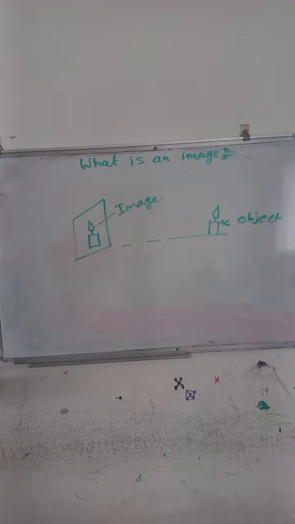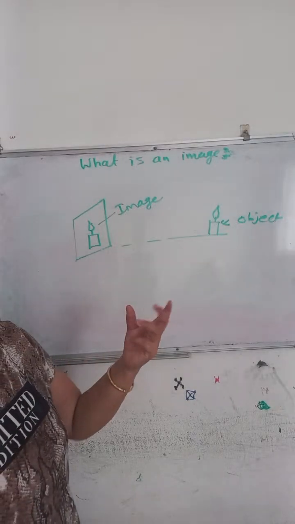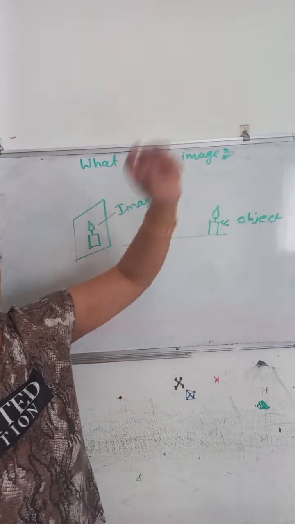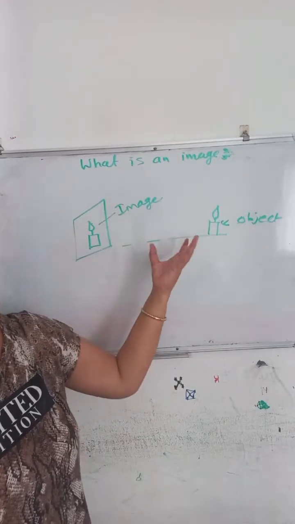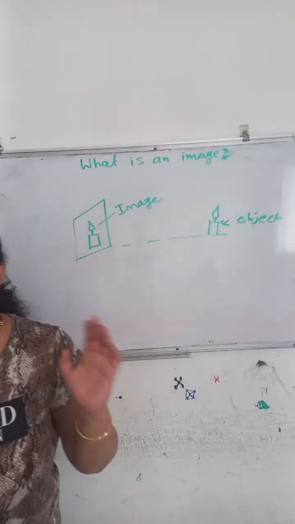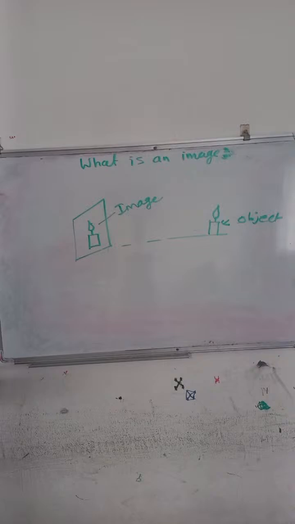Images are of different types. It depends on where and how we keep the object. Suppose I keep this object very far from the mirror or very near to the mirror. According to that, I get different images in the different cases.